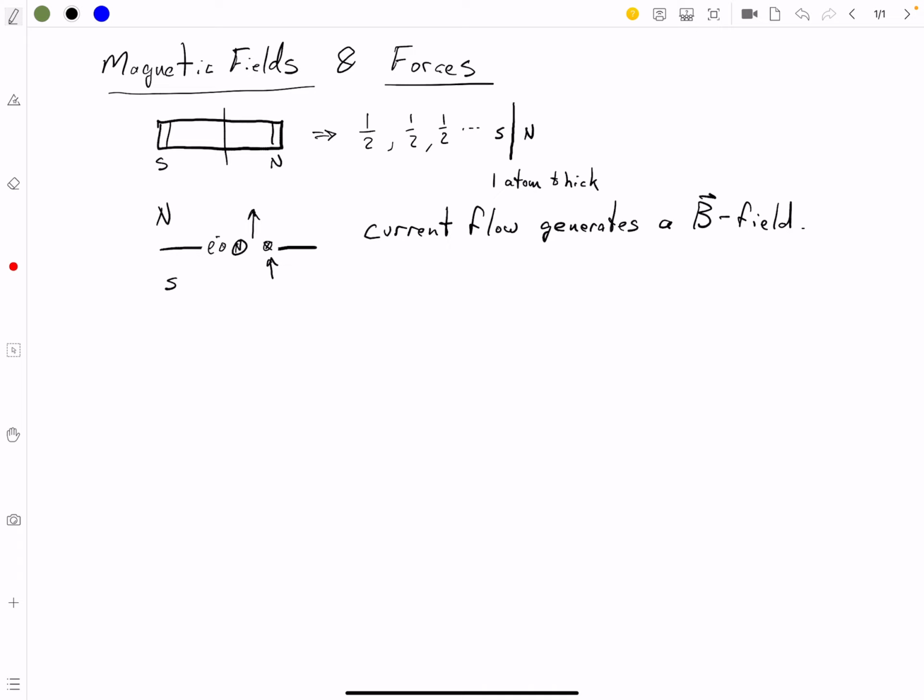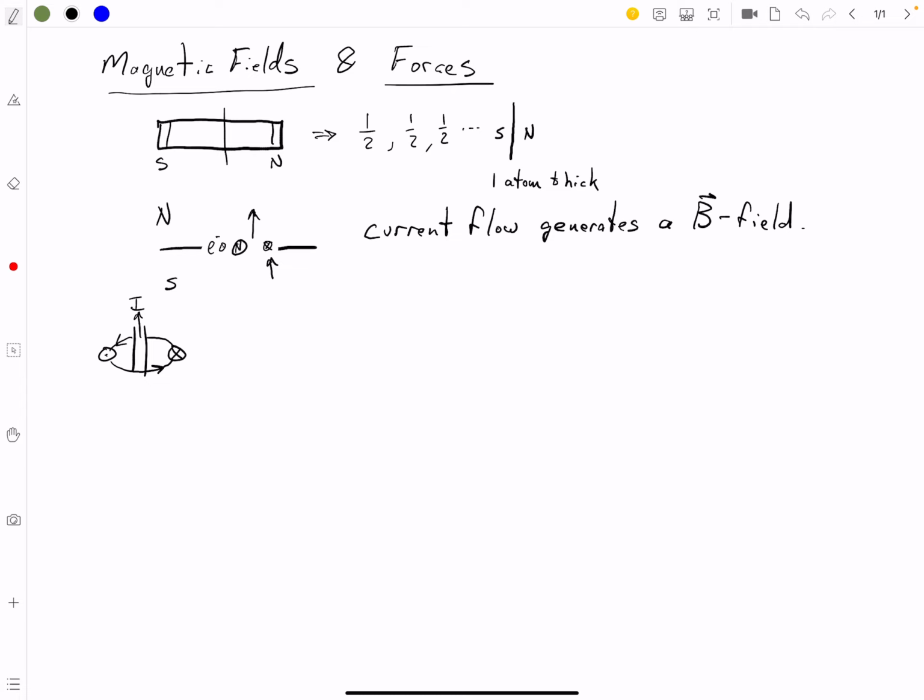So we can run current in a wire. And then we put our thumb along the current and we can go like this. And those are the directions for the B field. So it's going to go something like that.